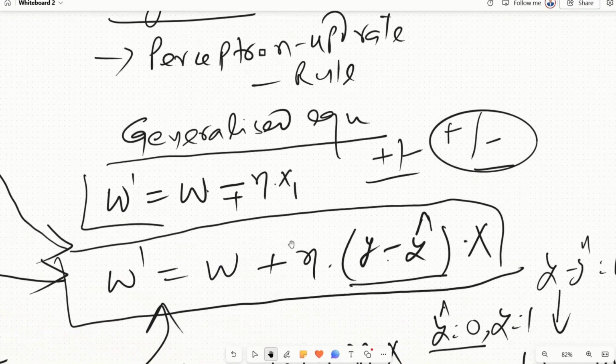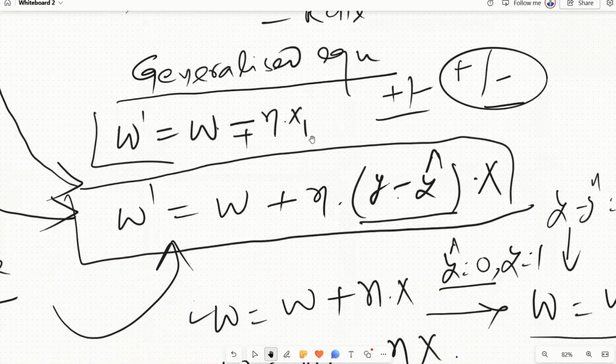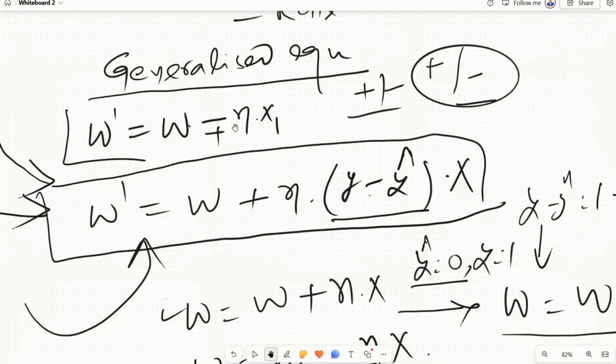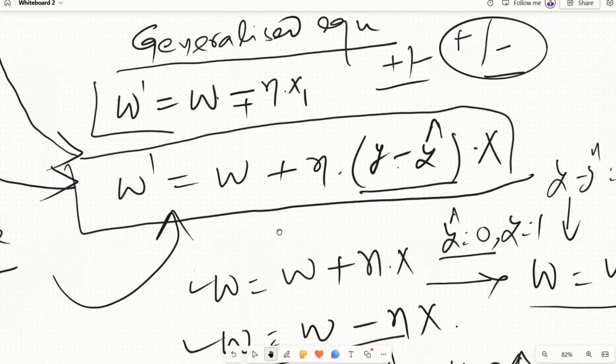Now I want to combine these two equations. I want to make a very common update equation so that I can use it in my programming. So how to combine this plus and minus? To combine it, I am introducing this factor, the subtraction y minus y predict. Because y minus y predict will give me the sign, either positive or negative, which is what I need.